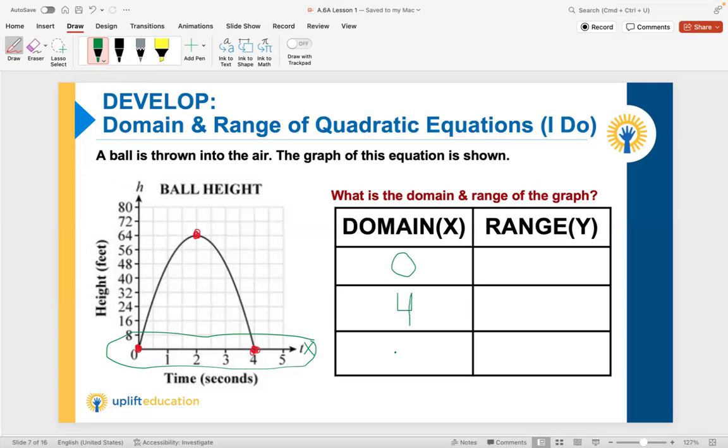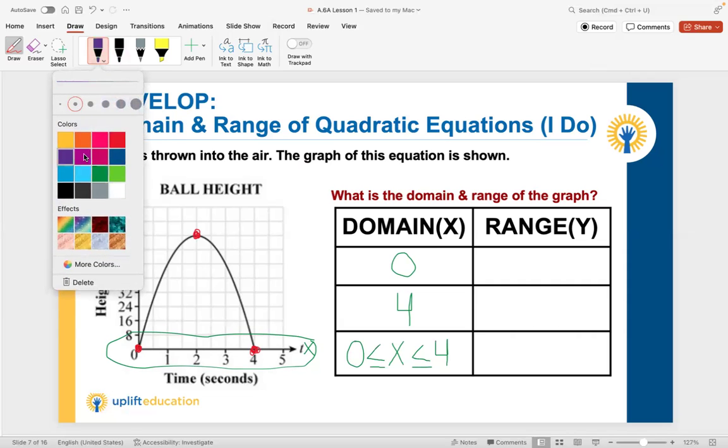So if I want to write this in inequality form, I'm going to have a 0 at the start and a 4 at the end with an x in the center, meaning that all of these values are going to be less than or equal to. As we can see, we're not going to ever go past 4. But the reason why this is continuous is because it doesn't just stop while the ball is in the air. The ball is continuously moving. Hence why we use the vocabulary word continuous.